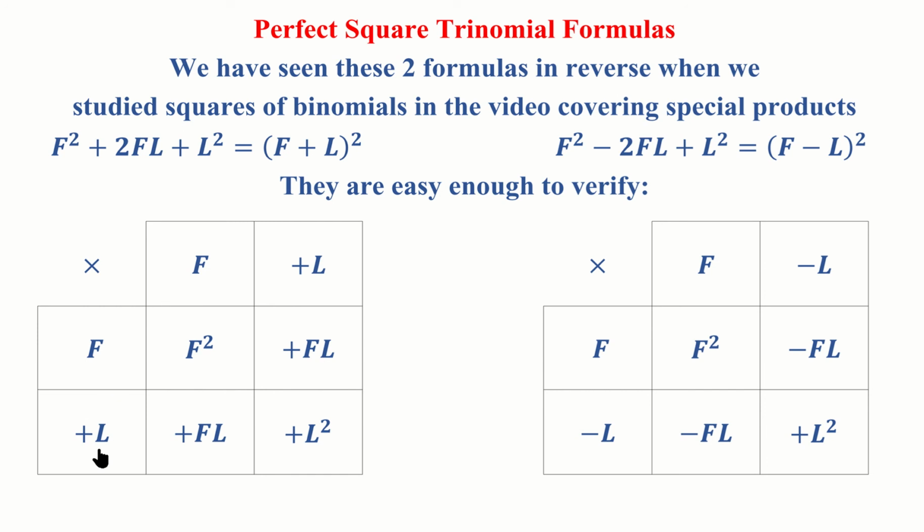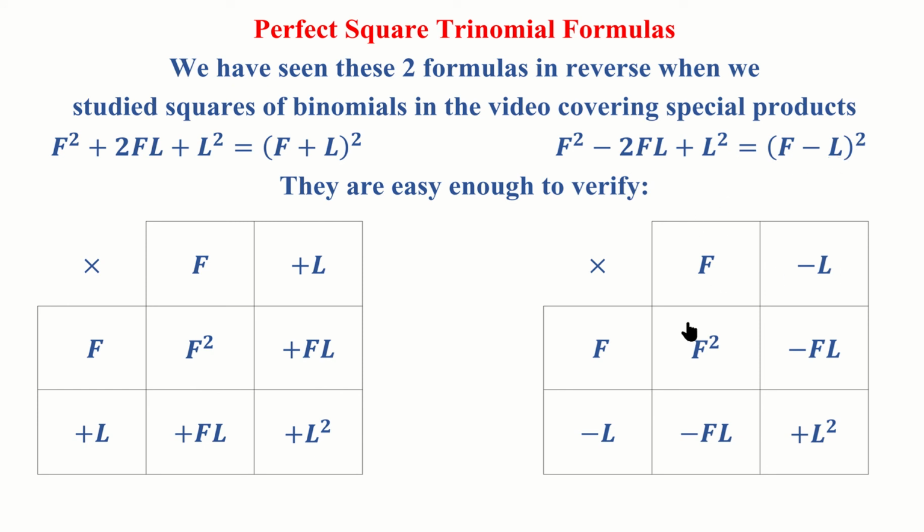Very easy to verify here. Just multiply F plus L by itself and you get F squared plus FL plus FL plus L squared. These combine because they're like terms, so we get F squared plus 2FL plus L squared. And same goes here for the square of F minus L.